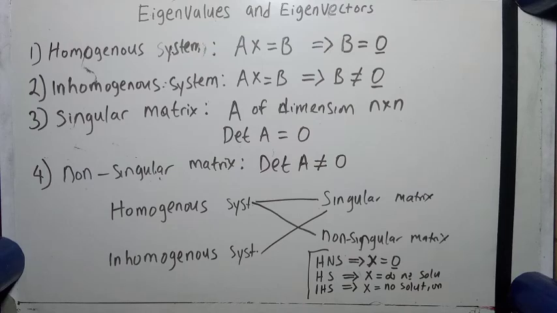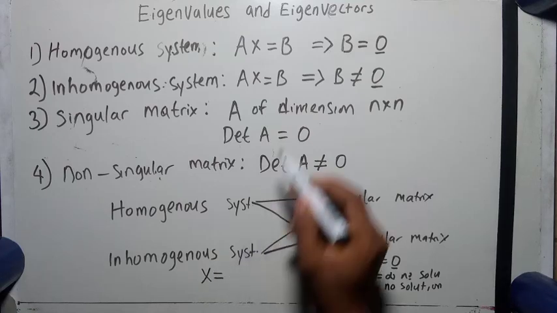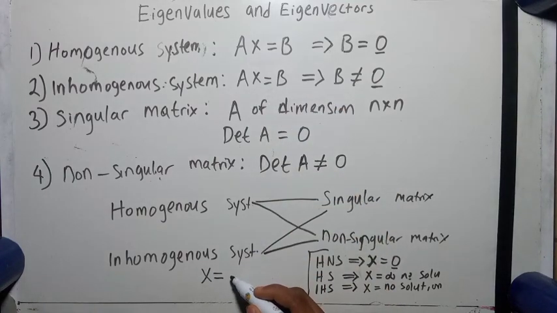And the last but not the least, when your inhomogeneous goes with your non-singular, then your x is going to be given by this system expressed as the inverse of A times B.